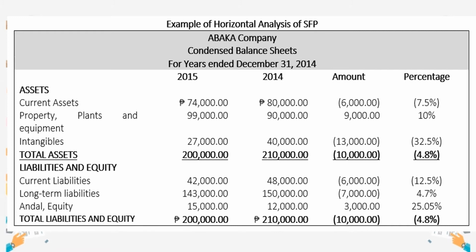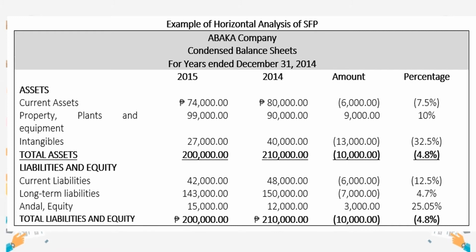For the PPE, we have an increase of 9,000 pesos because from 90,000, it became 99,000 pesos. And it is a 10% change. For the intangibles, we have here a decrease of 13,000 pesos because from 40,000, it became 27,000. So it means there is a percentage change of 32.5%.